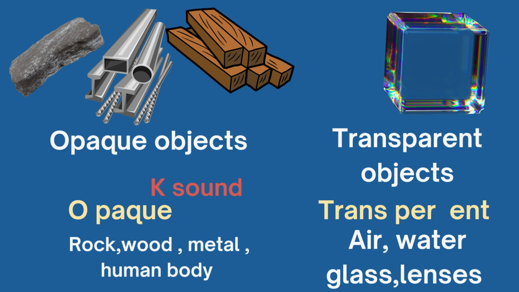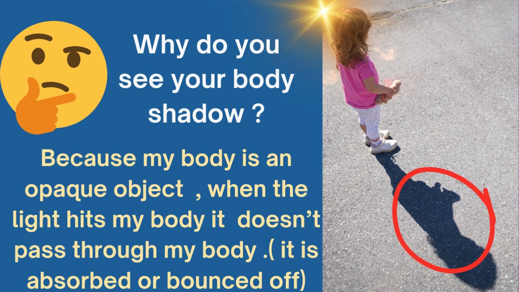Okay? So here we have a question. Why do you see your shadow? This is because my body is an opaque object. When the light hits my body, it doesn't pass through my body. So it is reflected or absorbed, so the shadow forms because the light doesn't pass through my body.